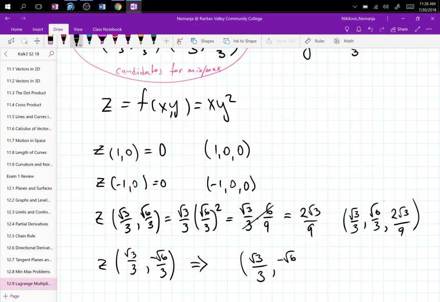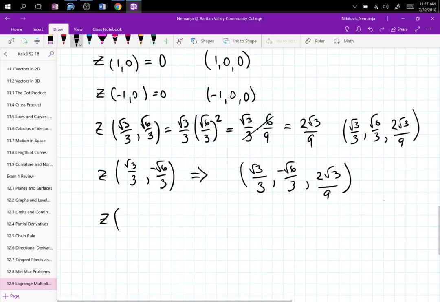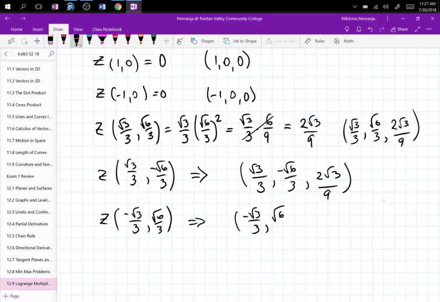So we have 2 root 3 over 9 on this one. And then the others are the same values except they have negative on x. Negative on y is getting squared, so it always dies. But negative on x survives because it's just a single x. So the other 2 points with negative root 3 over 3 and root 6 over 3 will give us negative root 3 over 3, positive root 6 over 3, and then this will be negative 2 root 3 over 9.